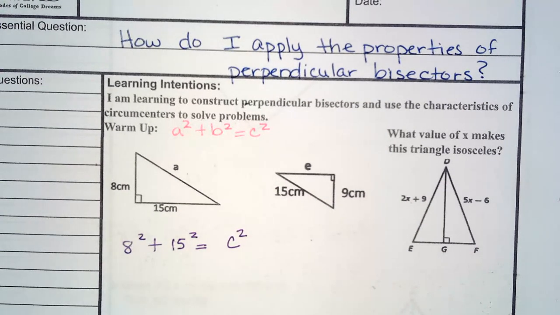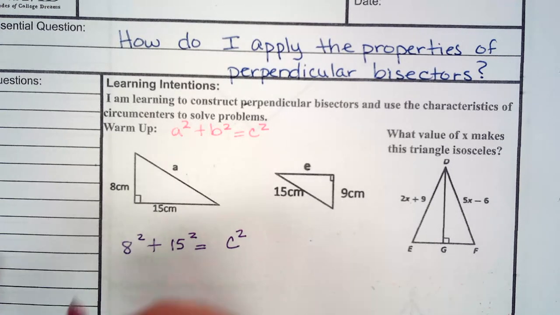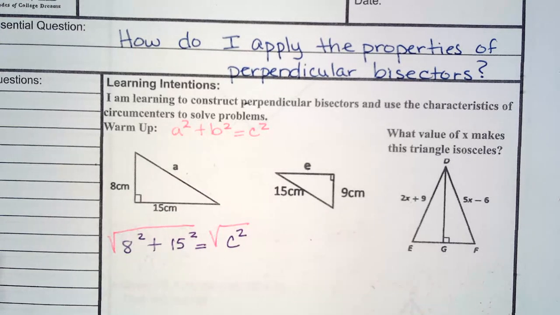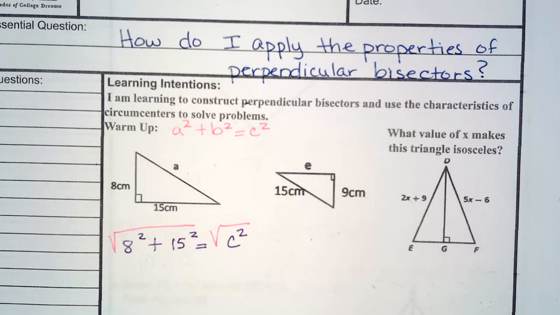What is the opposite of squaring? What undoes squaring? Square rooting. Now, I can do this all in one step by using the calculator.